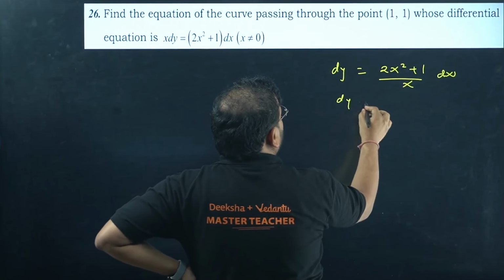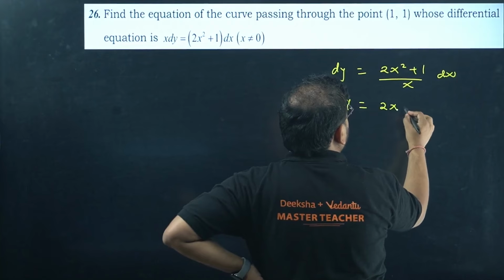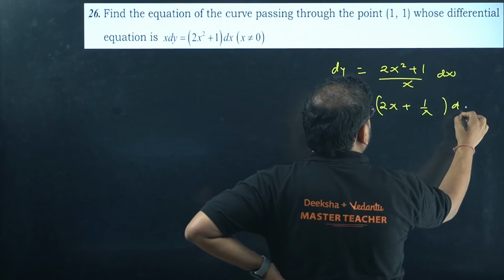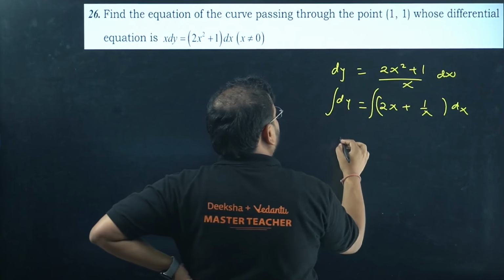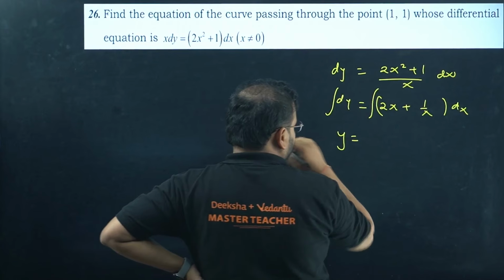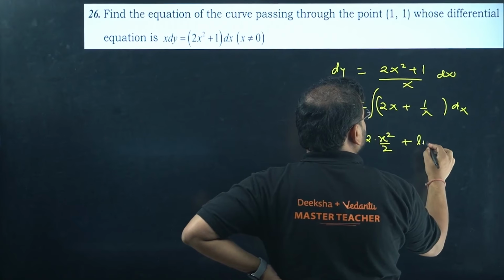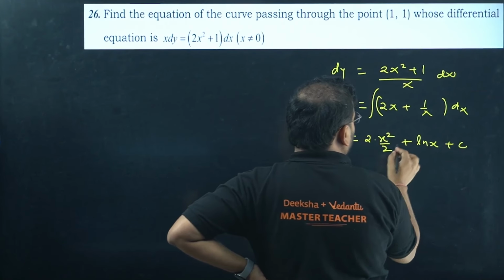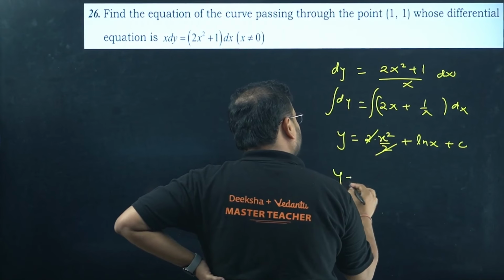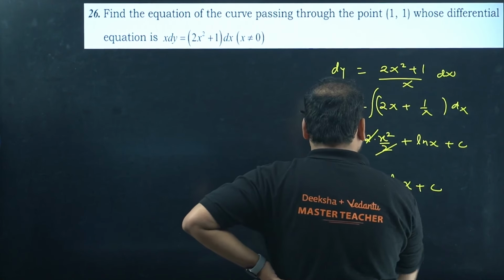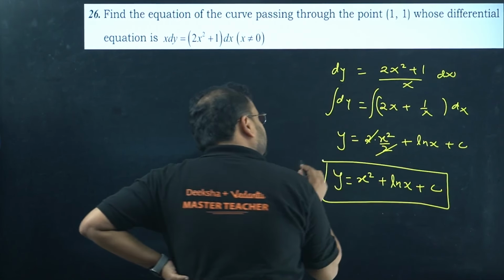Separate the terms, we'll get dy equals (2x plus 1 by x) dx. Integrate, you'll get y equals 2 times x squared by 2 plus ln x plus c. 2 and 2 cancel, I get y equals x squared plus ln x plus c. So this is my general solution.